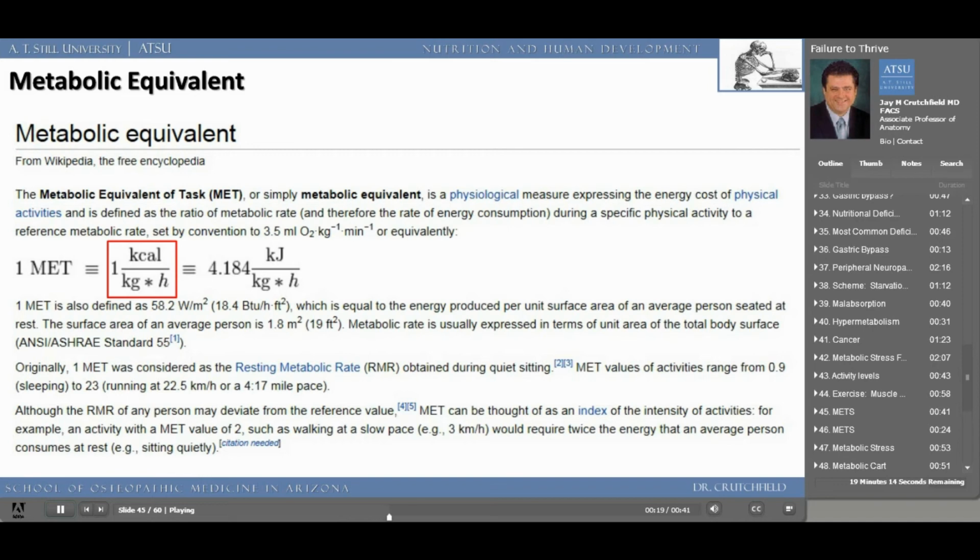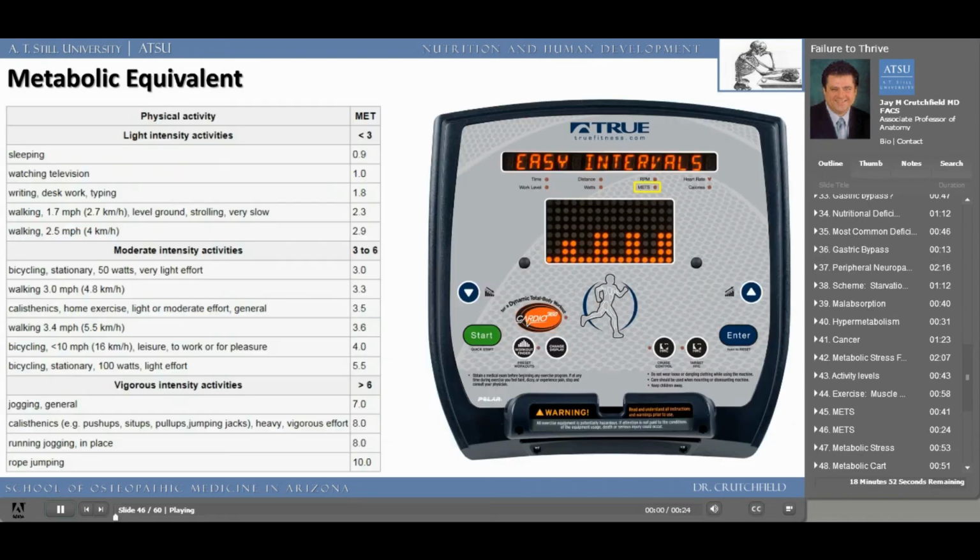So if you're walking on a treadmill and you're at 3.5 or 4 METs, it means that basically you're burning 4 times your basal metabolic equivalent. Or, in summary, 1 kcal per kilogram per hour times 4. That's pretty hefty.